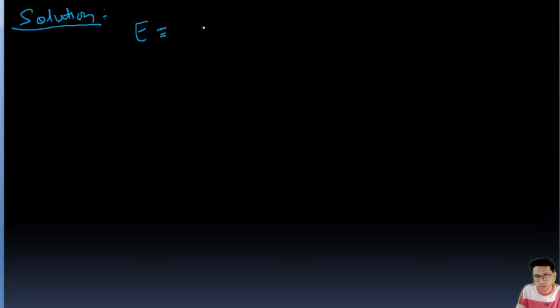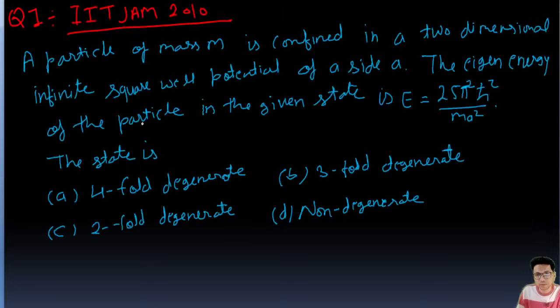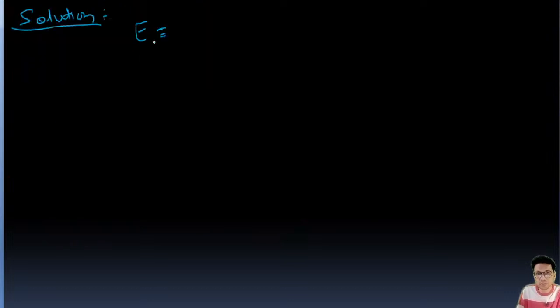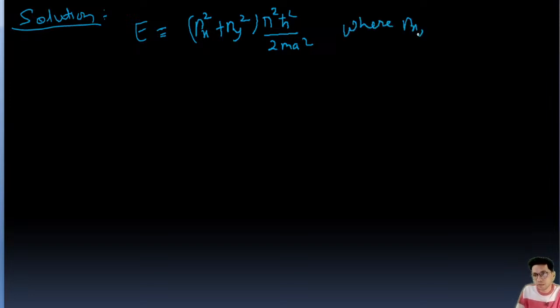For equal sides of side A, the energy is going to be nx squared plus ny squared times pi squared h cut squared upon 2 m a squared, where nx and ny values are 1, 2, 3, and so on.